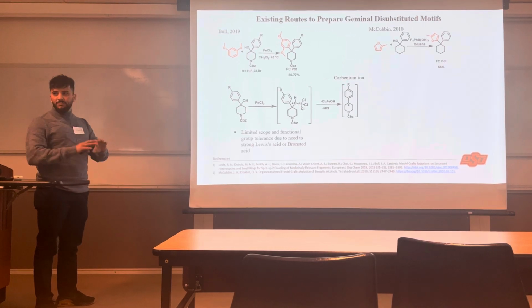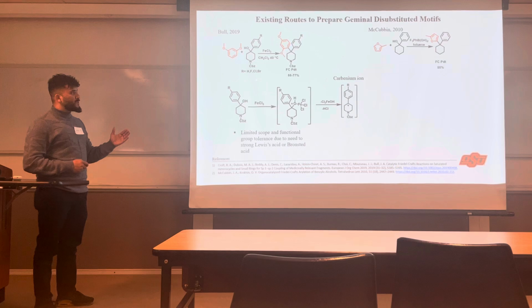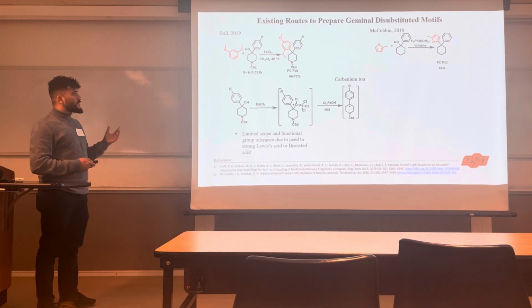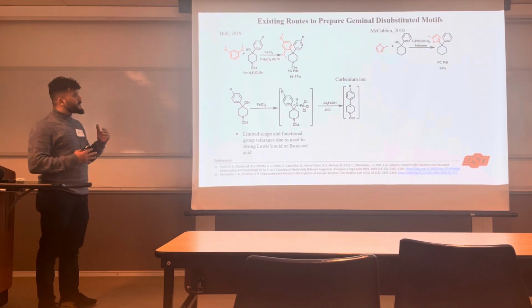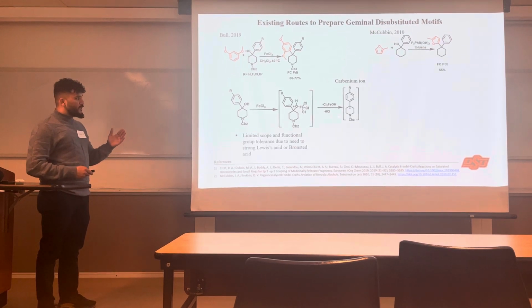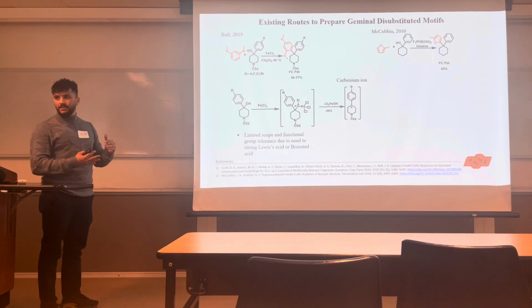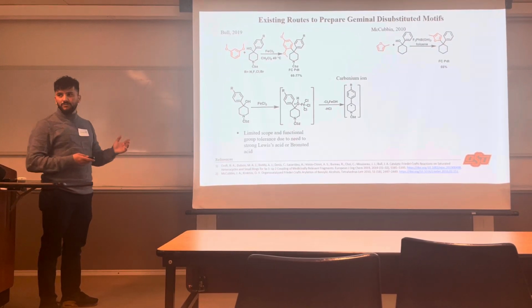If you try to do this reaction with an acid-sensitive functional group, the reaction is going to fail because the strong acid is going to cause the sensitive functional group to decompose. So one way to avoid this and generate the carbenium ion is using a weak acid. Using a weak acid helps to expand the scope of functional group tolerance.